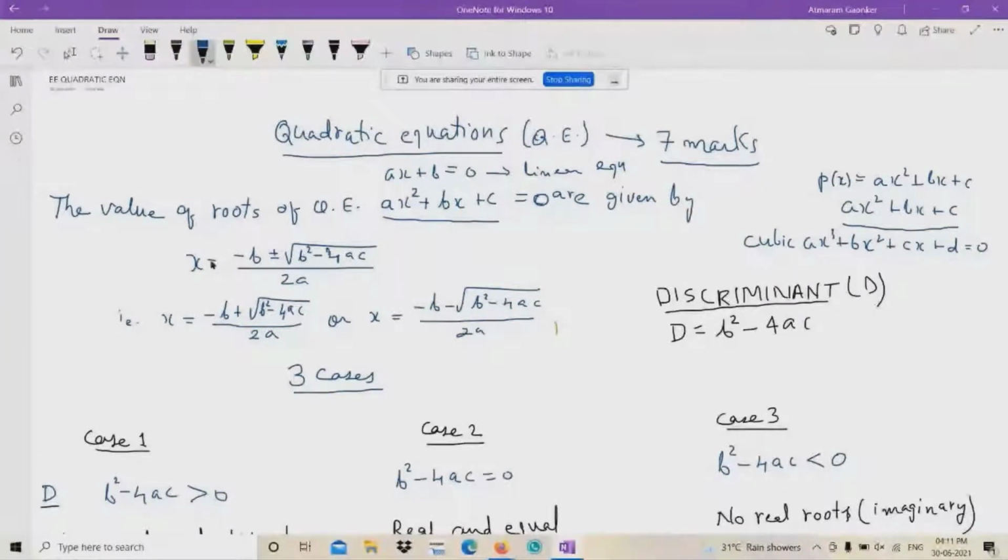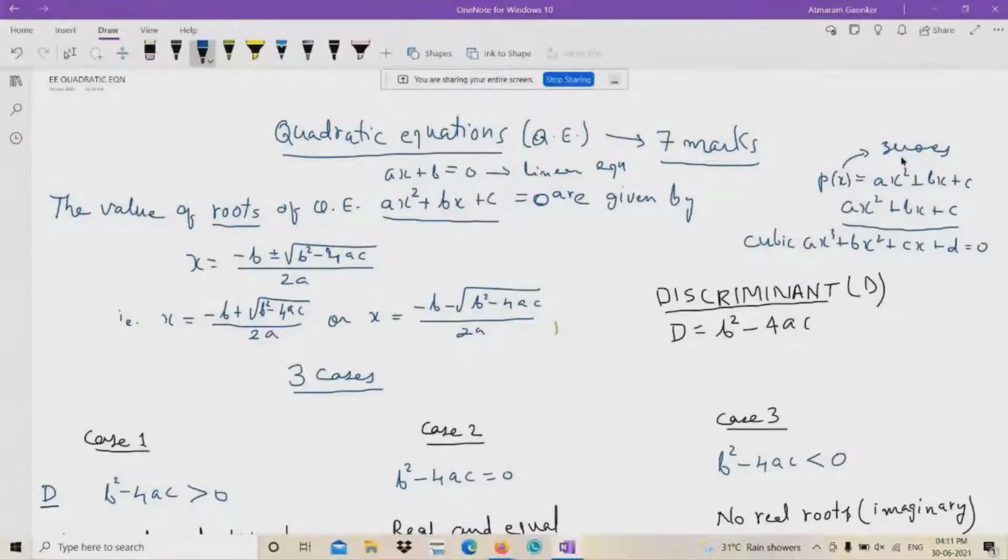Now, earlier in polynomials we used to say zeros, and the same zeros become roots in quadratic equations. So roots and zeros are the same.